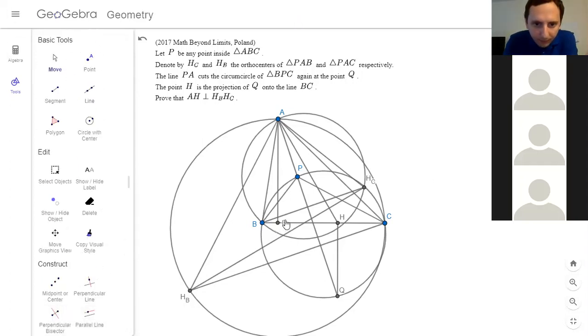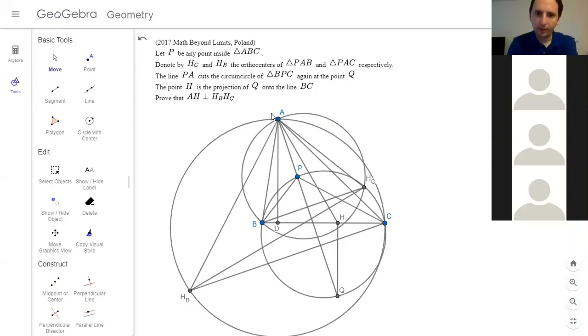Let's see. How do we do this? If P is the orthocenter of both this and this, it almost feels like, I'm trying to think how we could use that.